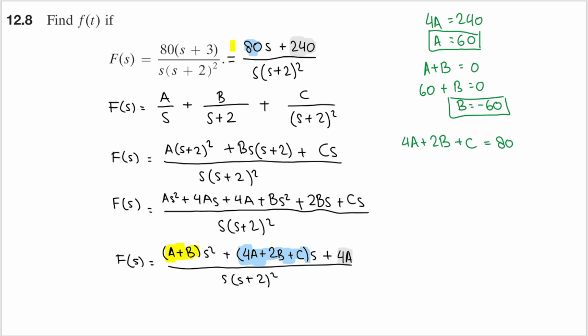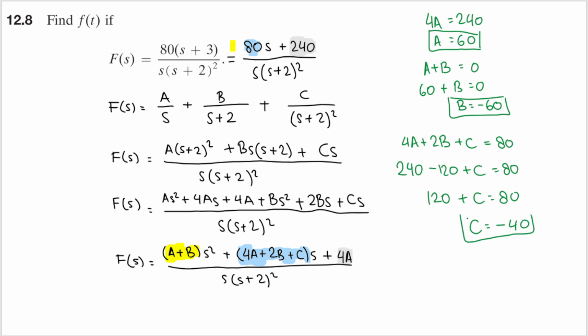Okay, 4A is 240 and 2B is minus 120. So we'll have 120 plus C is equal to 80. So we will have C is equal to minus 40.